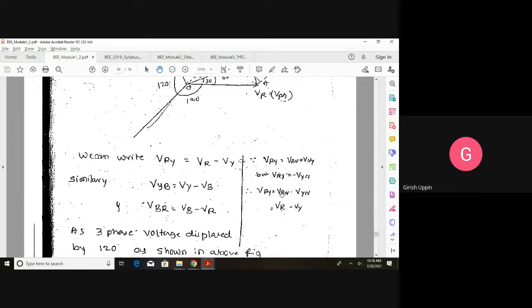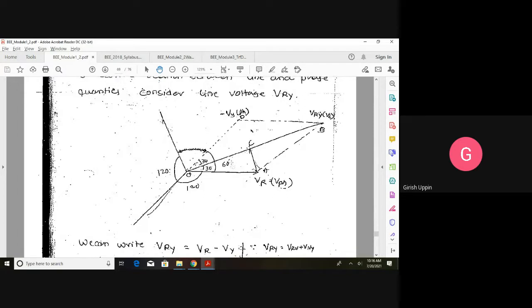Therefore, VRY is equal to VRN minus VYN, or as we represented without the N, VRY is equal to VR minus VY. This is the line voltage, and these are the phase voltages. It is not an algebraic difference, it is a phasor difference. Therefore we can write VRY is equal to VR minus VY.